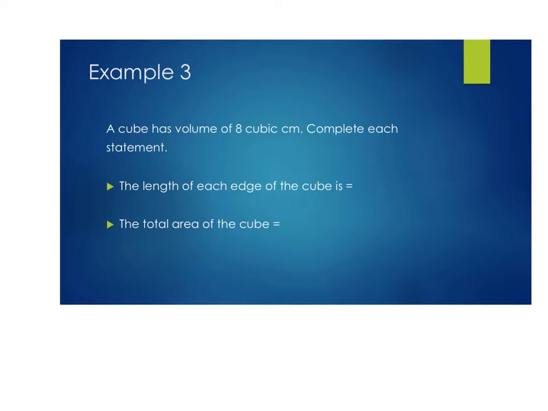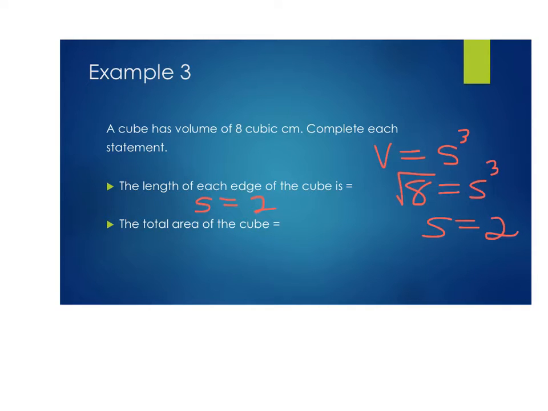Remember, volume is length times width times height, but in the case of a cube, all the sides are the same, so we can just say it's side to the third power. So if 8 equals side to the third power, I would cube root it and find that my side length, or my edge, is 2. That's what I'm going to use when I find the total area of this cube.